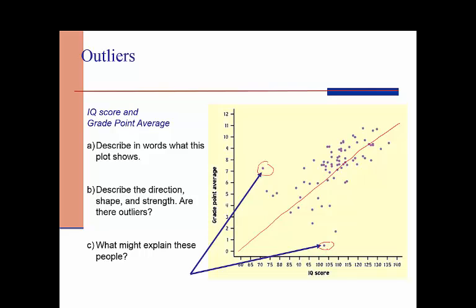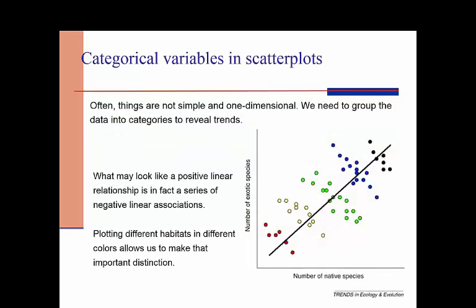It means at a high IQ, you have a low GPA, so might not be as hardworking. Okay, and here you have a high GPA with a low IQ, so might be much more hardworking students. Okay, so you can always have outliers, you just need to know how to explain it.